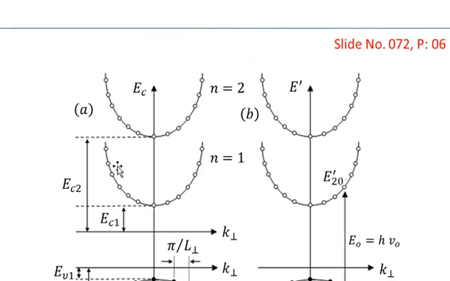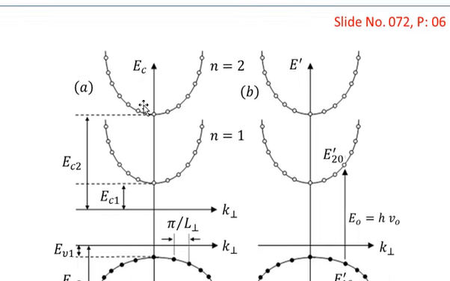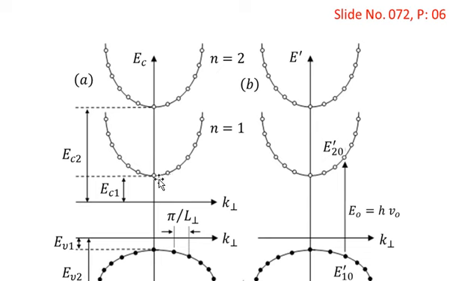So we have two parabolas in the conduction band quantum well, corresponding to the n equal to 1 state and the n equal to 2 state, along the energy E_C, which is taken positive upward. And the vertices of these parabolas are at the energy height E_C1 from the horizontal axis k perpendicular, and the other parabola is at an energy of E_C2 from the k perpendicular axis.